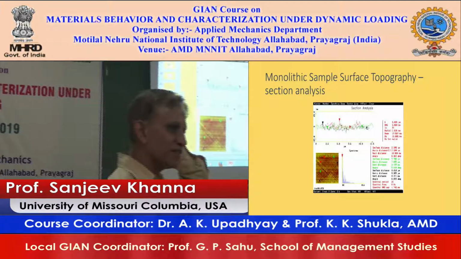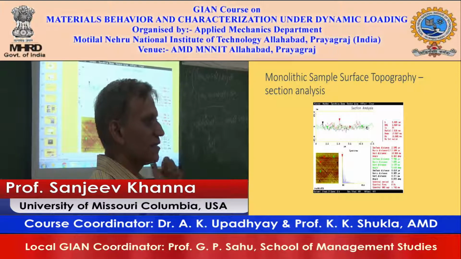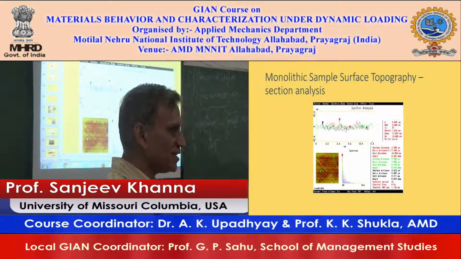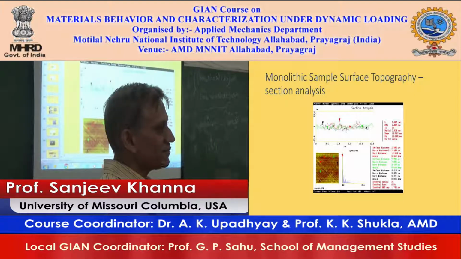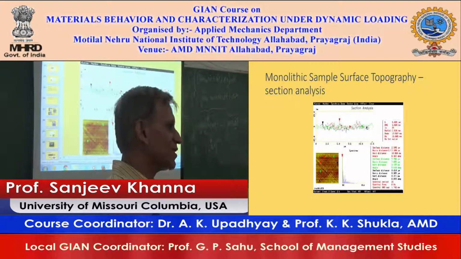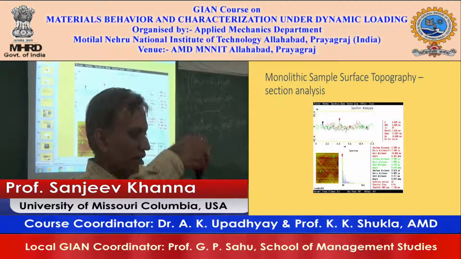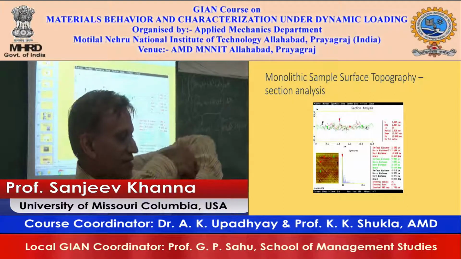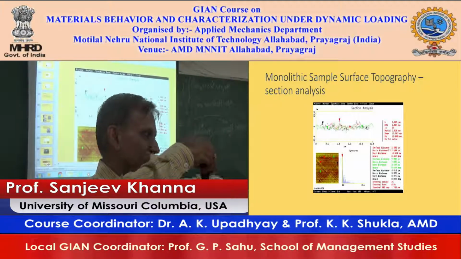Now why do we need less than 10 nanometers? Because my tip radius is 20 nanometers. So if I have a surface roughness of 40 nanometers or even 20 nanometers, when I start indenting, I may be indenting like this instead of like this, because it's too rough.